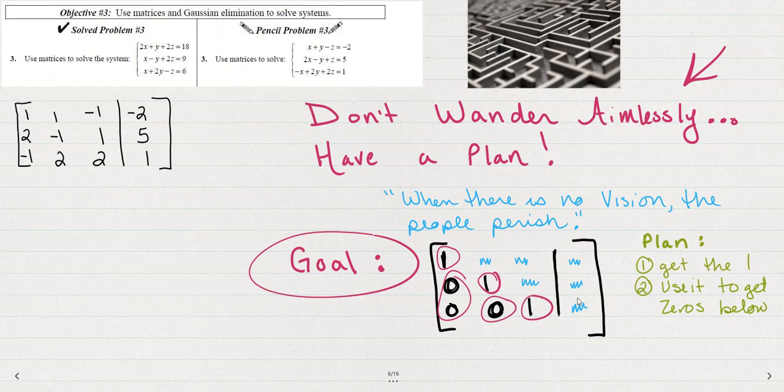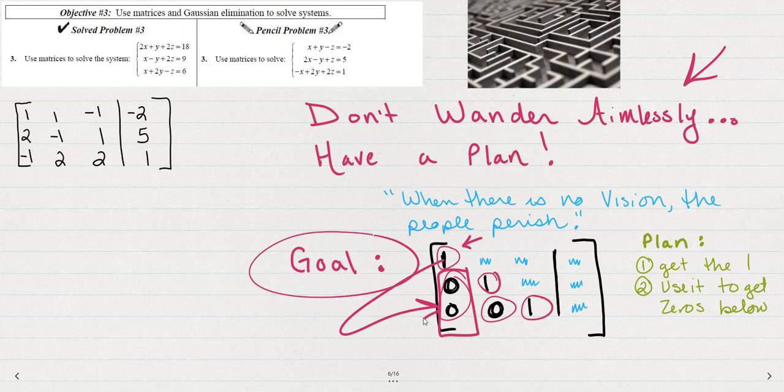All these blue smudges are the numbers that we're left with. So our goal is to get a 1 and then zeros, 1 and a 0, and then a 1. And that's it. Here's the plan. You accomplish this goal by getting the 1 first. And then we're going to bounce off of that 1 to get these zeros.